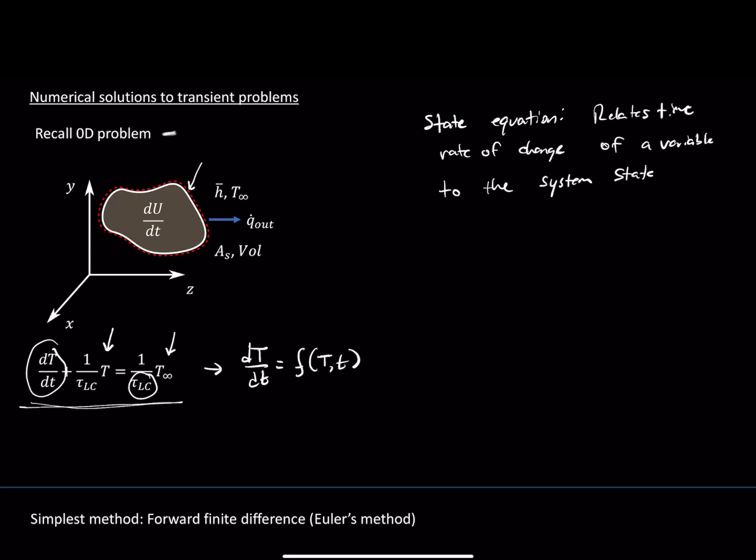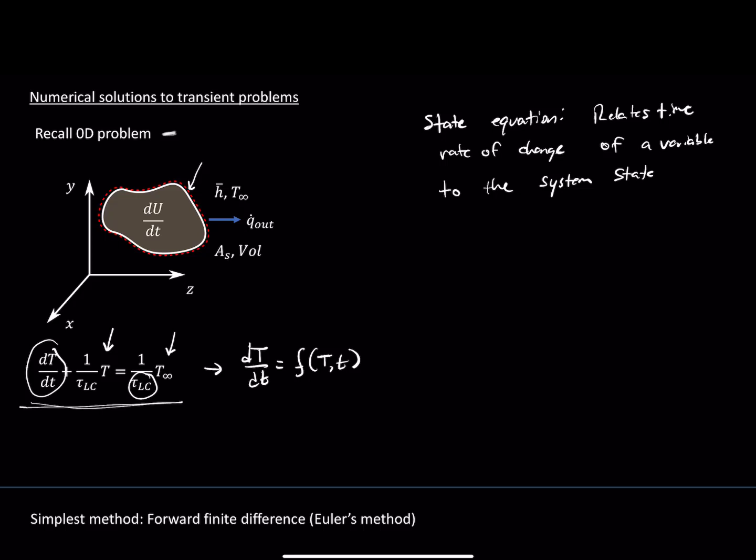So how do we deal with this from a numerical standpoint? Well, what we're trying to do is come up with an equation that estimates this dT/dt, and then use that slope, this gradient, to step forward, or extrapolate forward, in time.